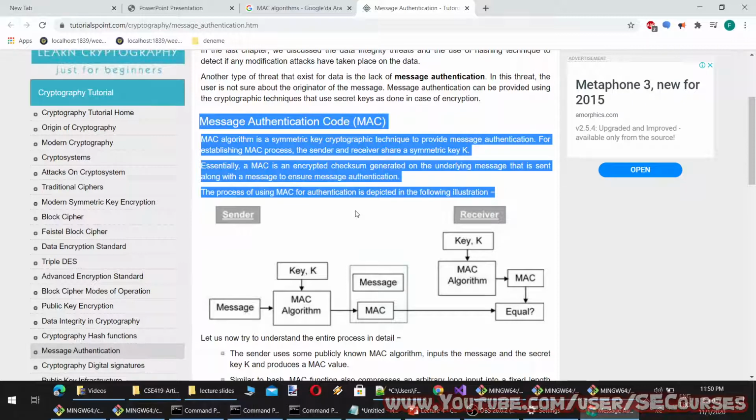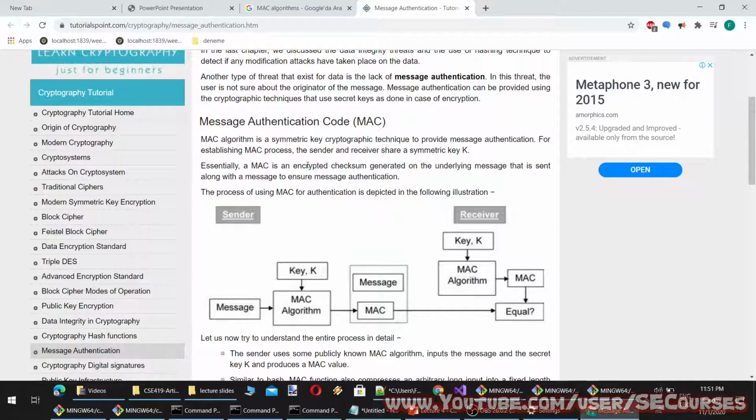Message Authentication Code (MAC) algorithm is a symmetric key cryptographic technique to provide message authentication. For establishing the MAC process, the sender and receiver share a symmetric key K. Essentially, a MAC is an encrypted checksum generated on the underlying message that is sent along with a message to ensure message authentication. The process of using MAC for authentication is depicted in the following illustration.